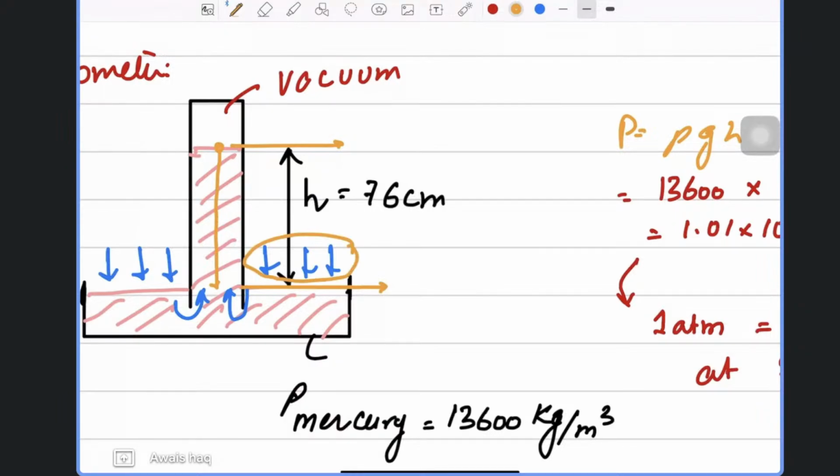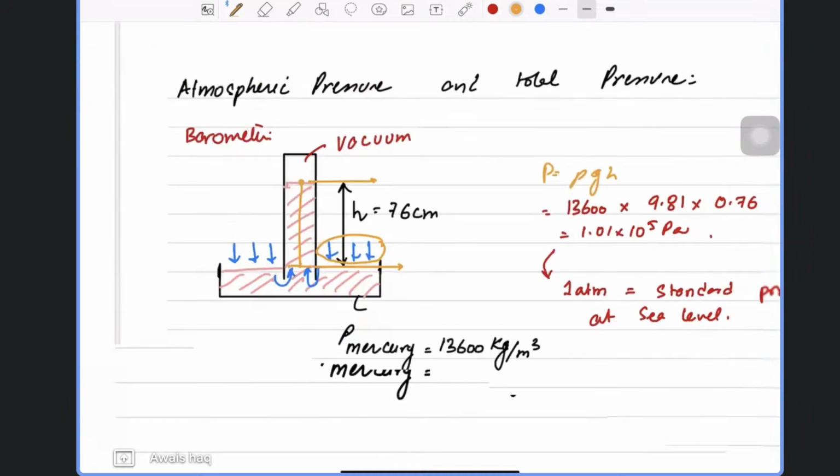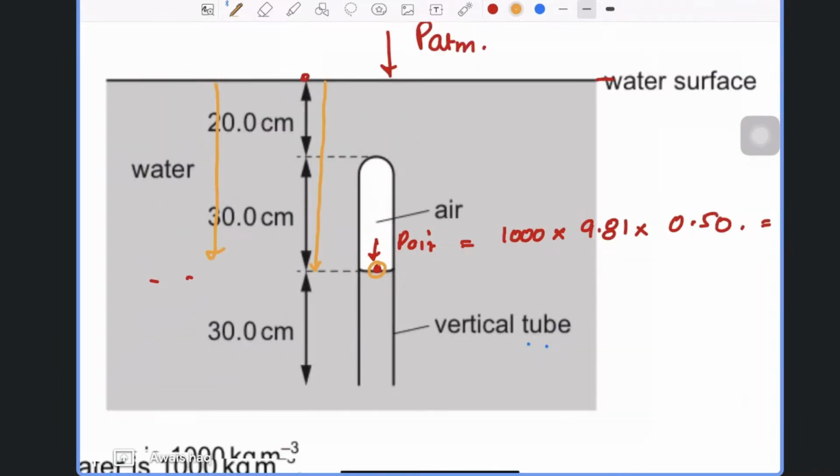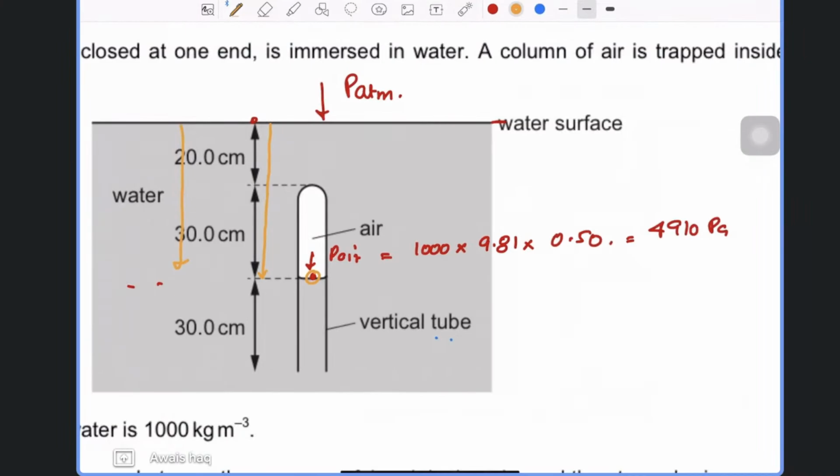So it is from the top till the base. Do you understand? So similarly, if I want to find the pressure here, I have to come from the top till this point. You get it? Yes, sir.